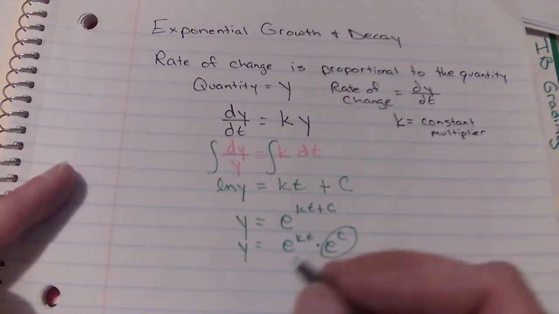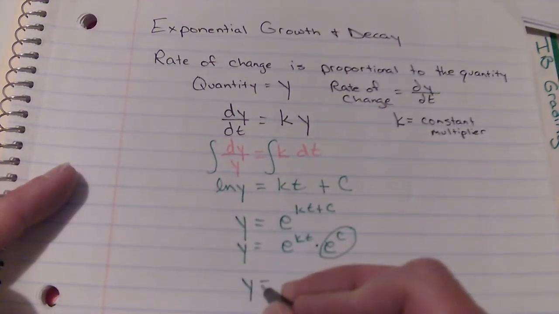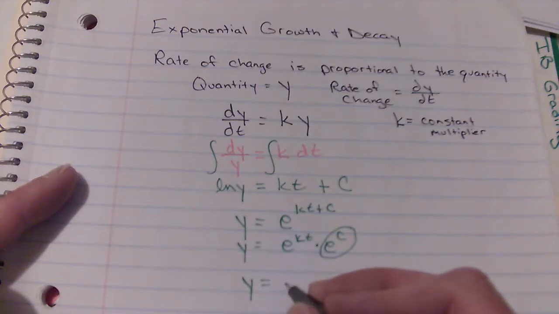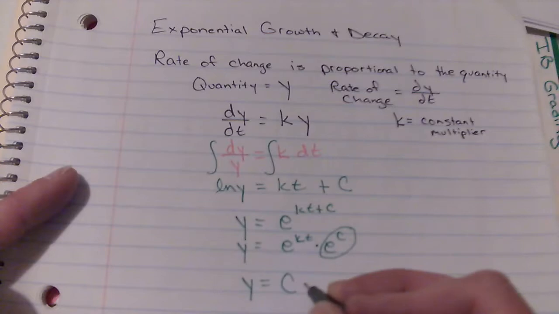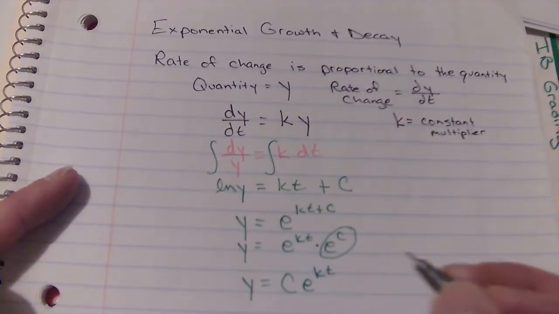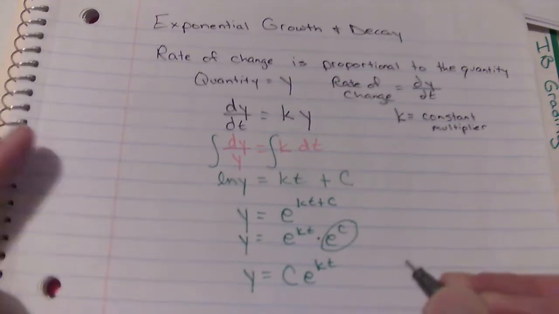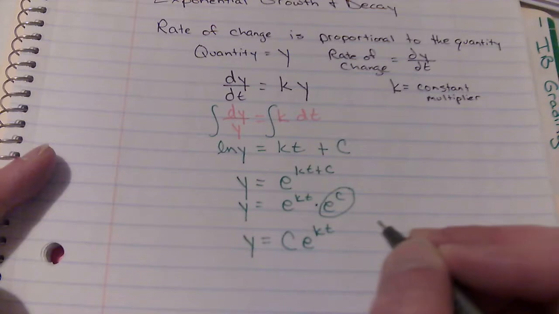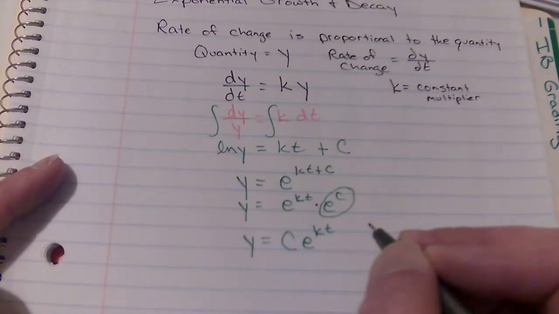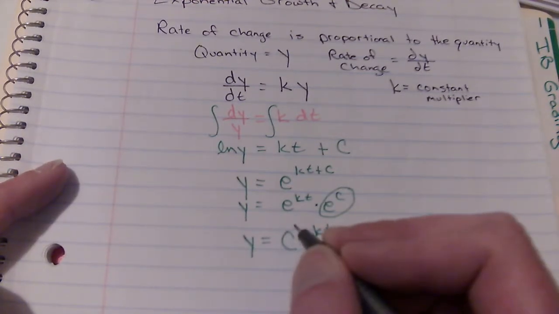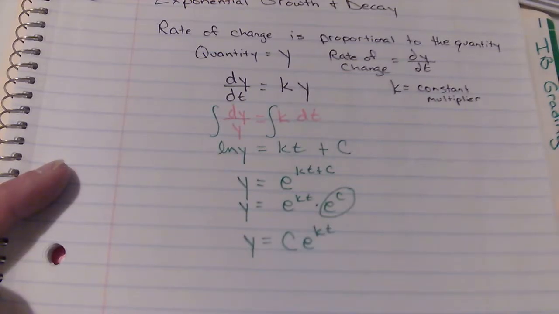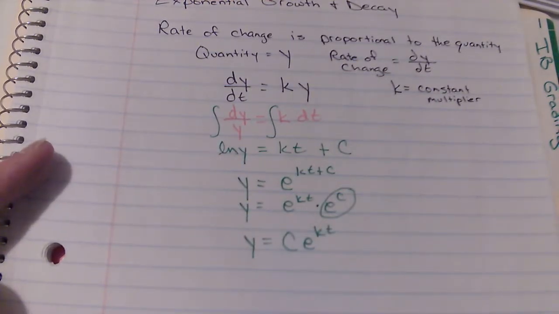Well, I'm going to rewrite that as, let's call it another c. It's another constant, e to the kt. Let me give you an example, and you'll see kind of what happens.